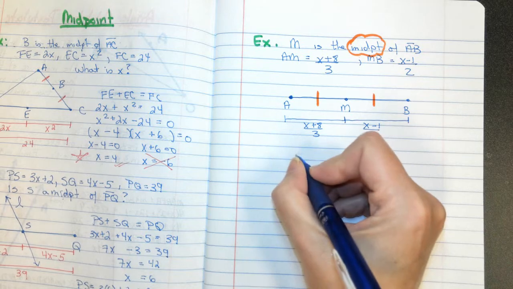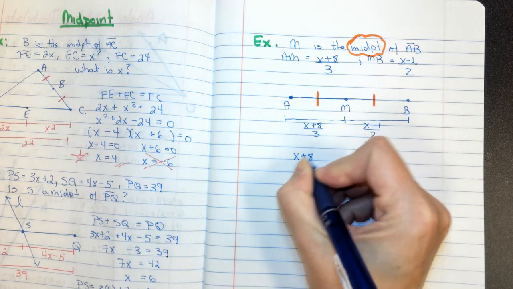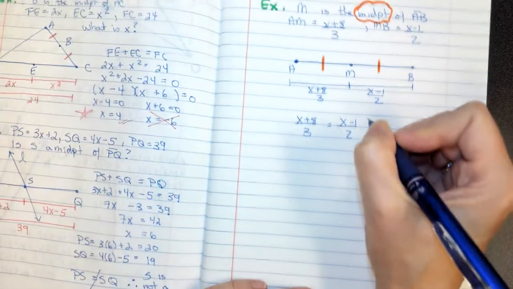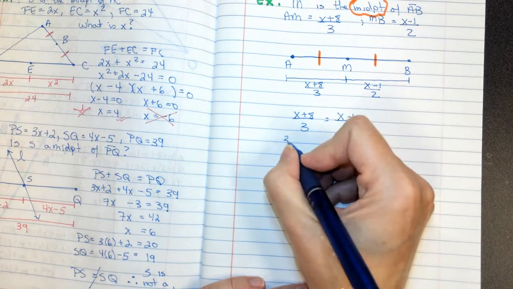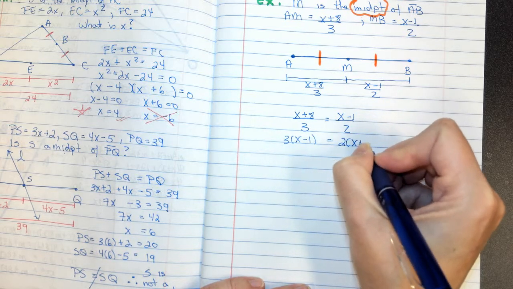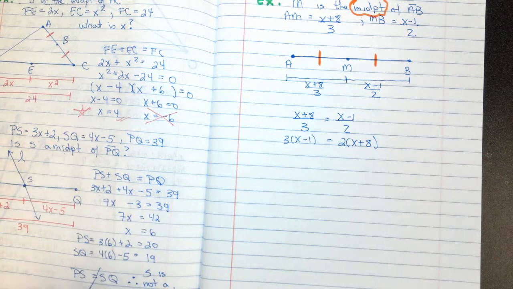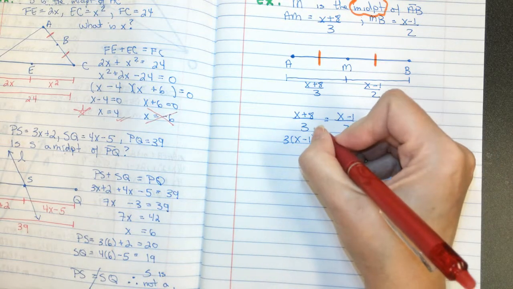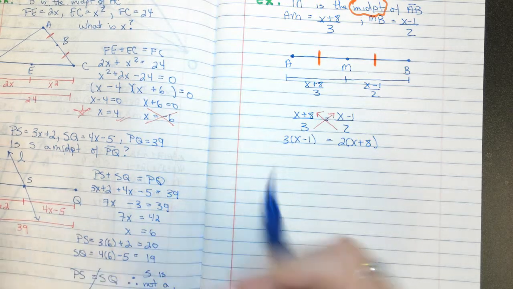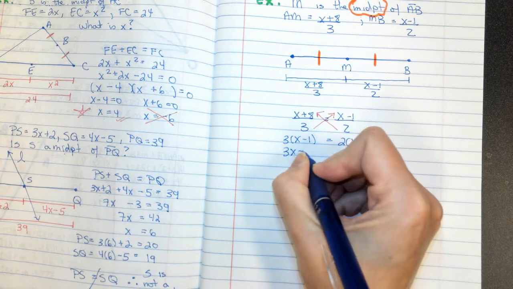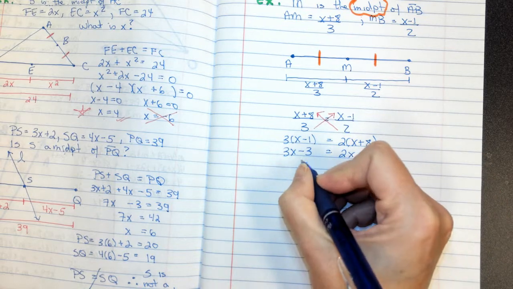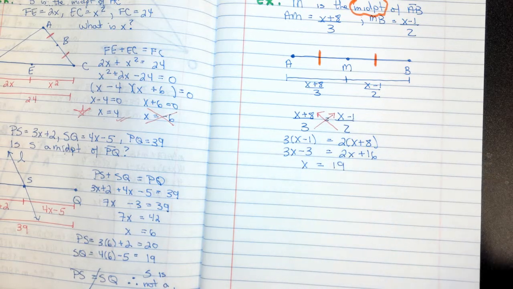So now I will come down and say (x plus 8) over 3 is equal to (x minus 1) over 2. That's going to give me 3 times (x minus 1) equals 2 times (x plus 8). Remember, we just cross-multiplied back from junior high. 3x minus 3 equals 2x plus 16. x equals 19.